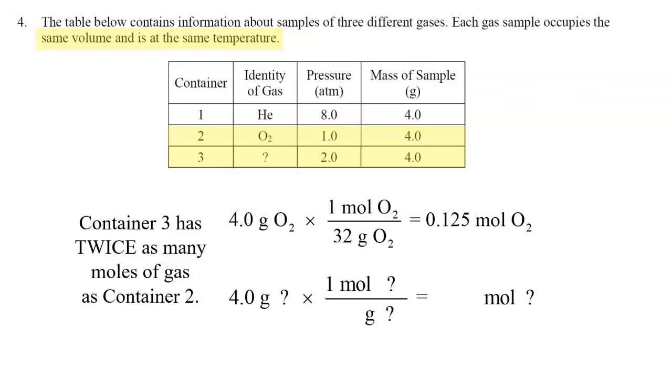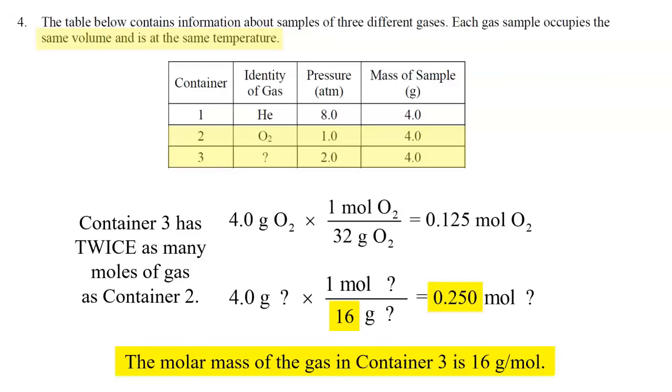Now we have 4 grams of the mystery gas, and since I don't yet know the molar mass of the mystery gas, but I do know it should contain twice as many moles, 0.125 moles times 2 gives me a value of 0.250 moles. So 4 grams divided by what number will give me a value of 0.25? Well, 0.25 is 1/4, and 4 divided by 16 is 1/4, or 0.25. So the molar mass of the mystery gas is 16 grams per mole.